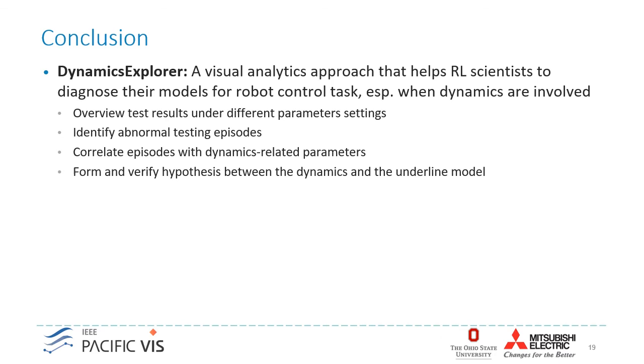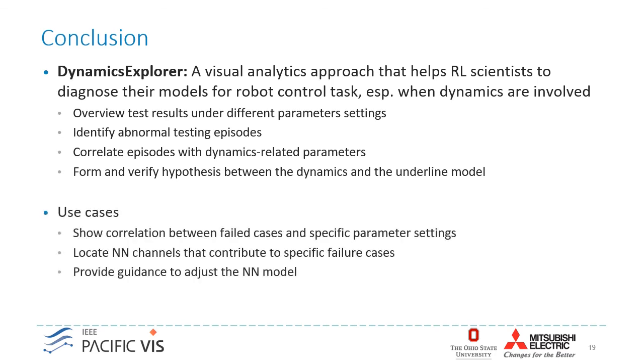Besides parameters, they can also form and verify hypotheses between the dynamics and the underlying machine learning model. We also show various use cases, such as correlation between fail cases and the parameter settings. We can also locate neural network channels that contribute to specific fail cases. Most importantly, with DynamicsExplorer, we can provide guidance for scientists to adjust their model.